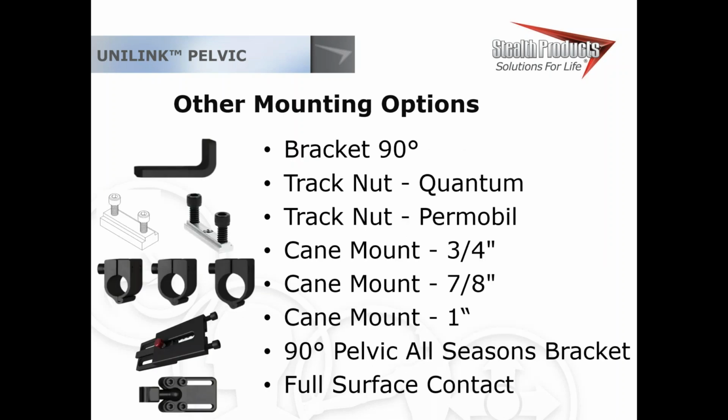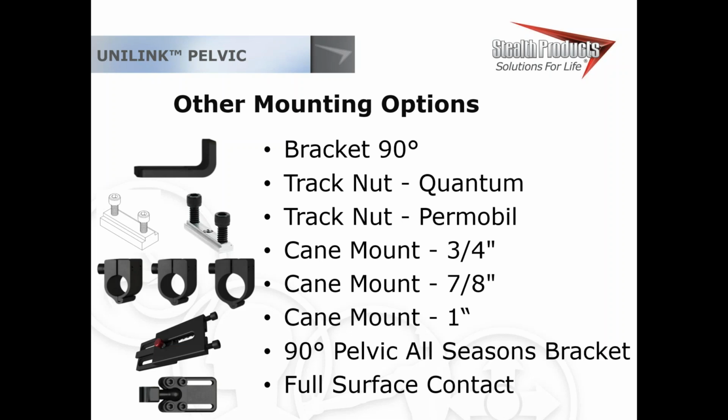So some of the other mounting options we're going to have for your pelvic thigh supports would be a 90-degree angled bracket. This bracket would let us put, say, the fixed adjustable thigh support onto a planar seating, for example, or our flip down thigh support on a planar seating. So 90-degree bracket. We also have track nuts for Quantum and Permobil.